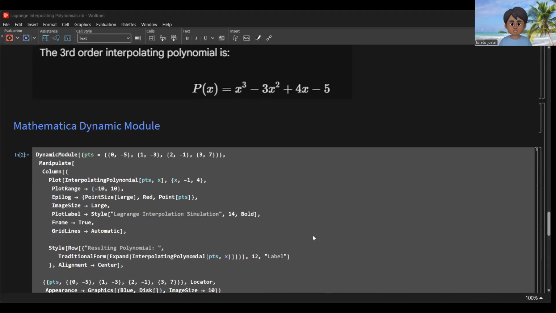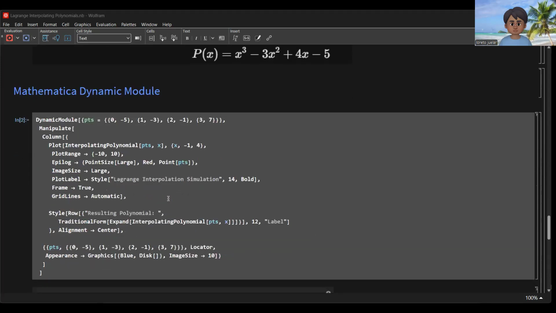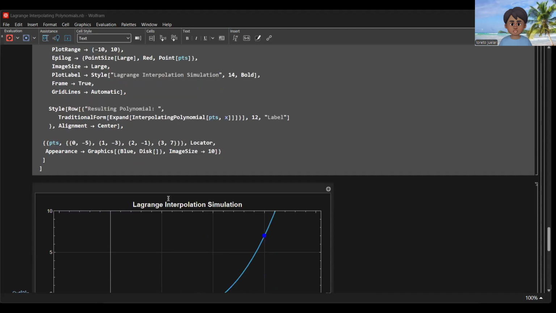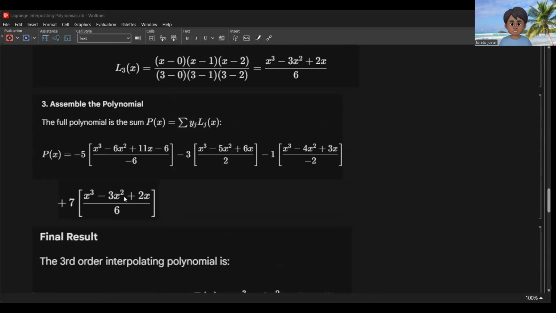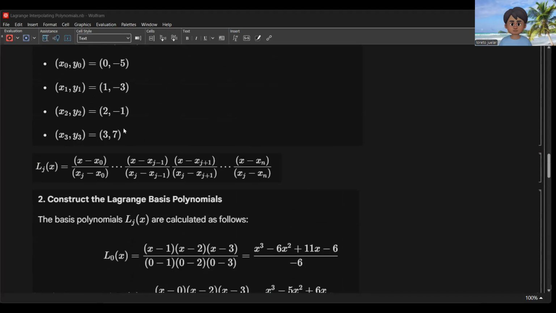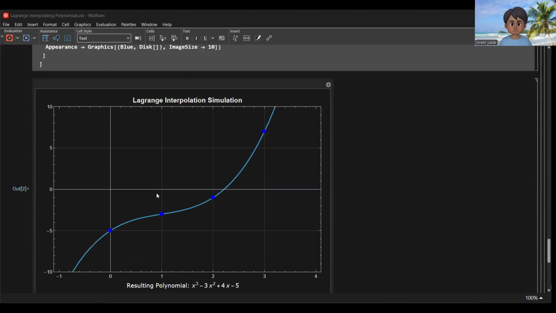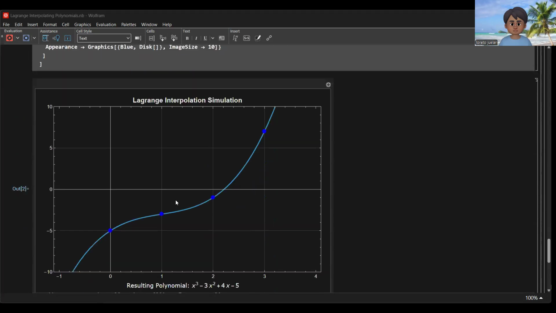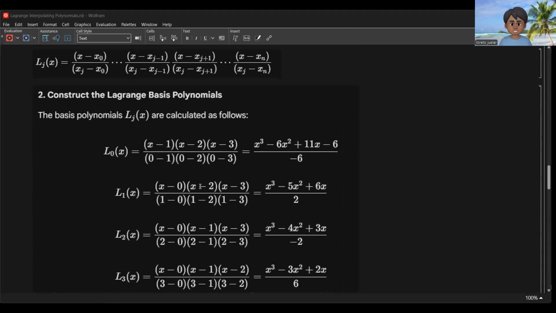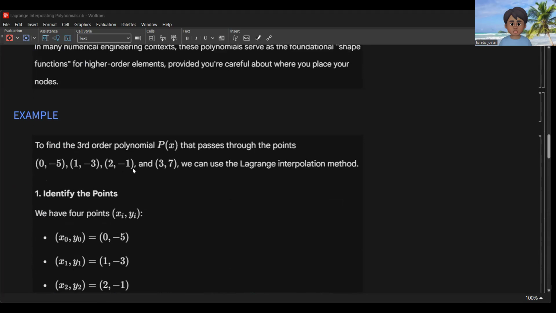Now for our mathematical dynamic module here, this is the dynamic mathematical module. The first point here is 0, -5. The second point is 1, -3. Then the third point is 2, -1.